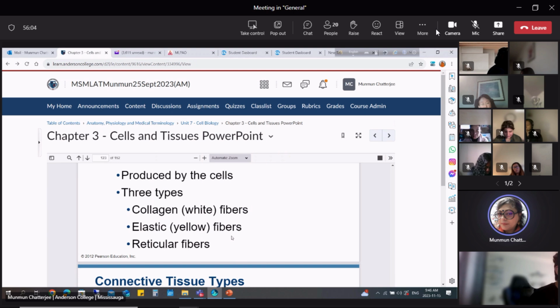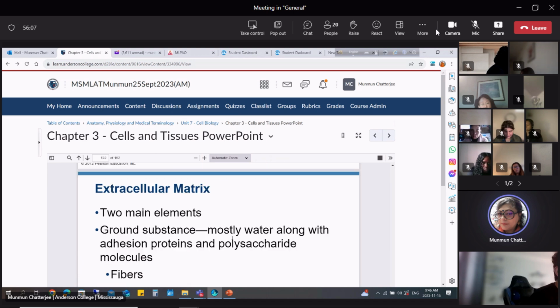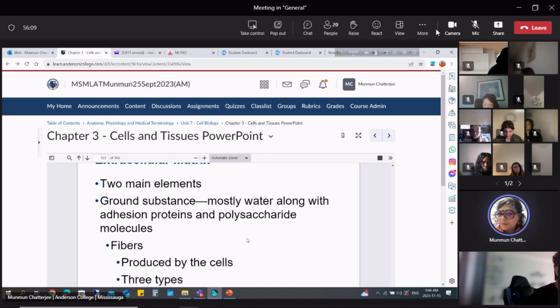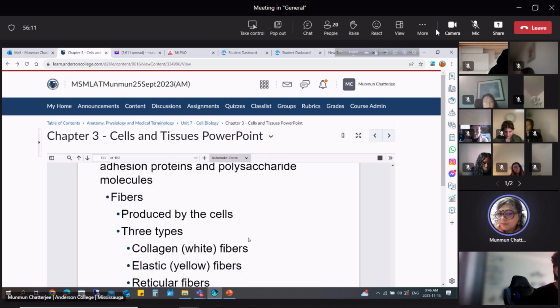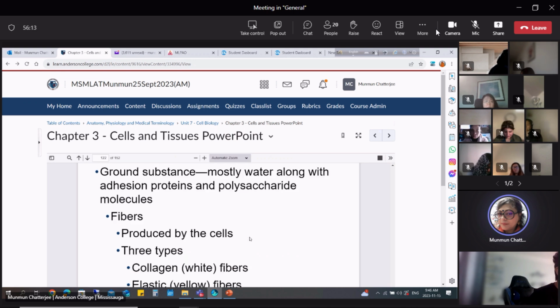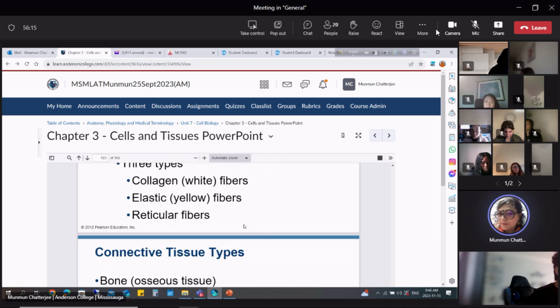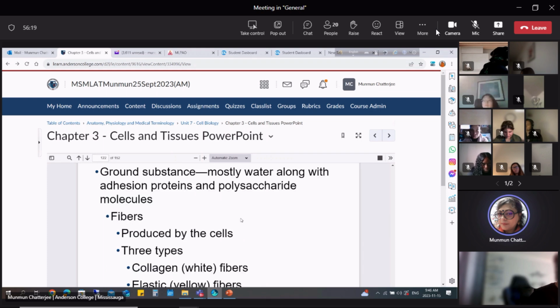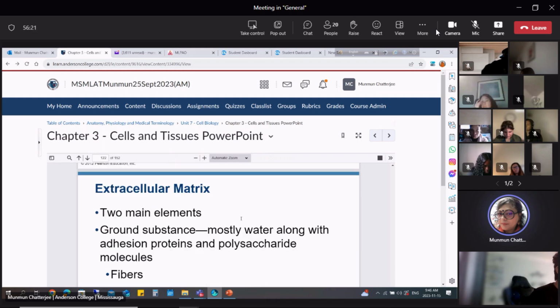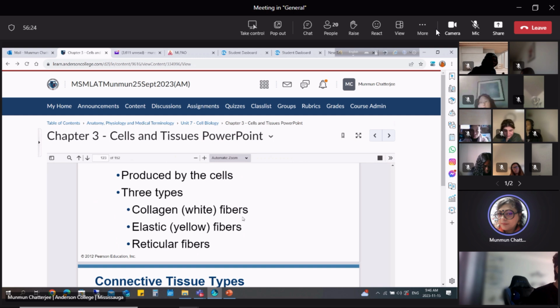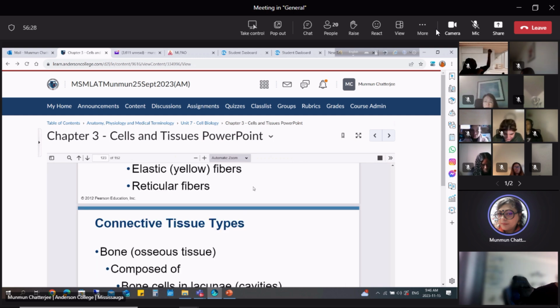They are connecting each other, right? So this is called the extracellular matrix. Which tissues form it? The tissues which form the collagen, elastic, and reticular fibers. They are mainly the fibrous type and they are produced by the cells.